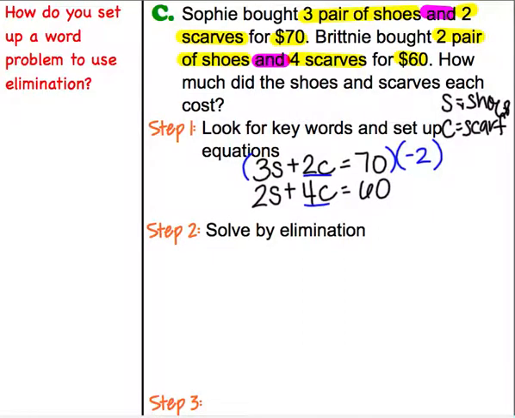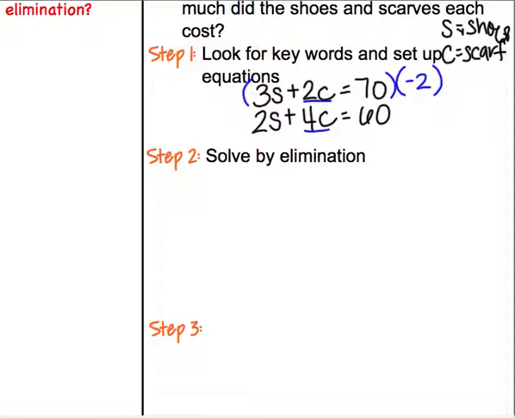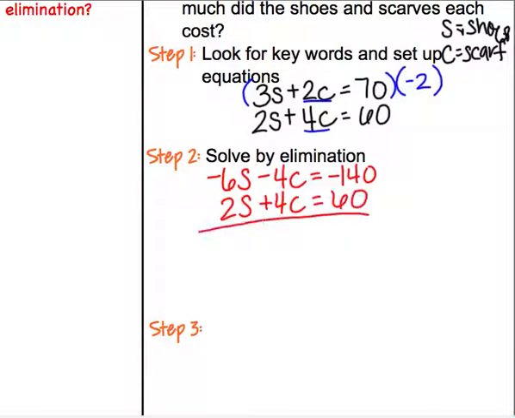So when we rewrite these 2 equations, -2 times 3 is -6s. -2 times 2c is -4c. And -2 times 70 is -140. And then we have 2s plus 4c equals 60. So when I add these 2 together, I get -4s.